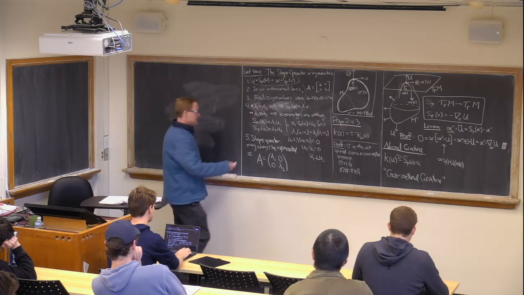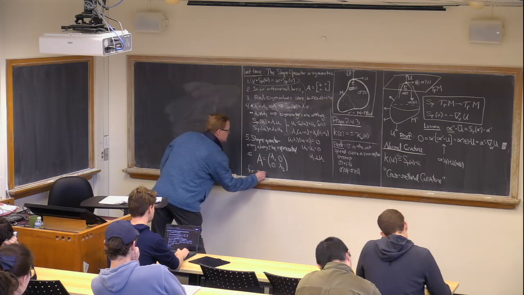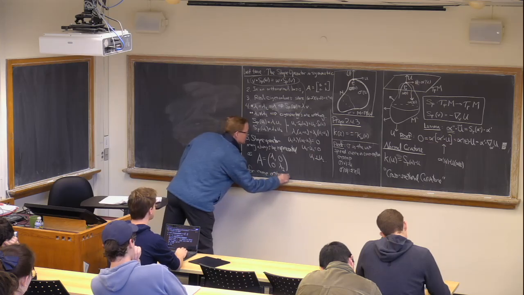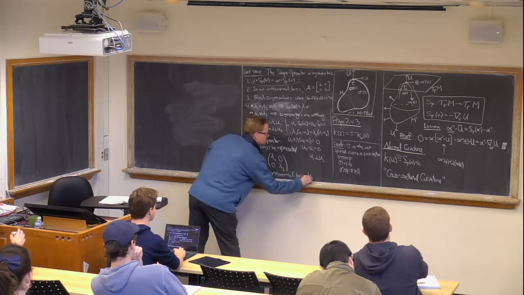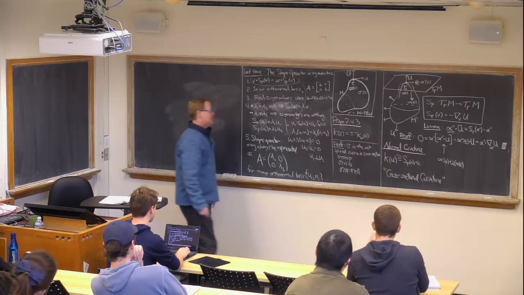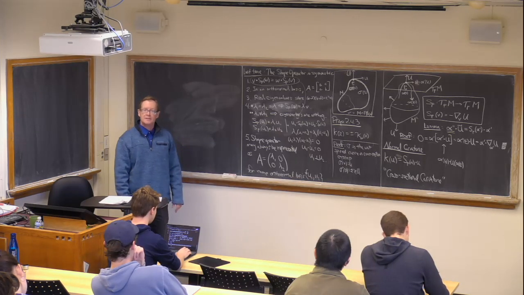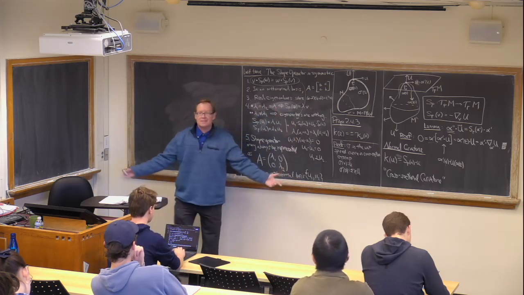So I can say that for some orthonormal basis U1, U2, where U1, U2 in fact are eigenvectors. They must be the eigenvectors in the second case. In the first case, every vector is an eigenvector.